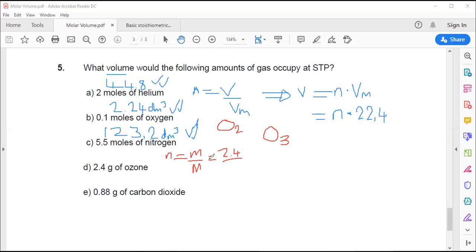Right, so I'm going to divide by 16 times 3, 48. Right, which is equal to, what's the answer? 0,05 moles.